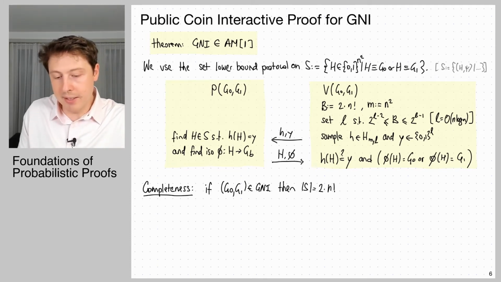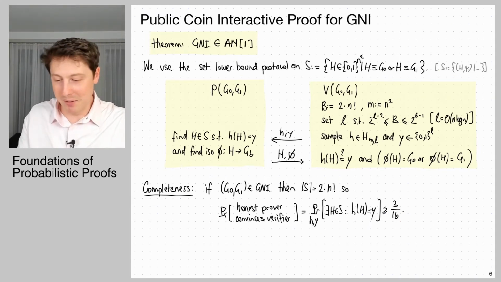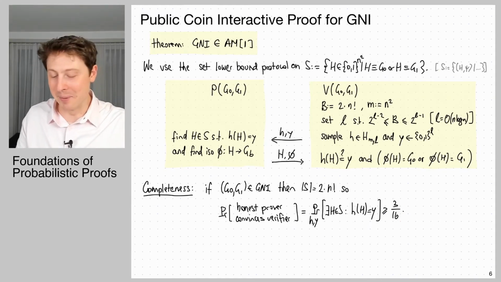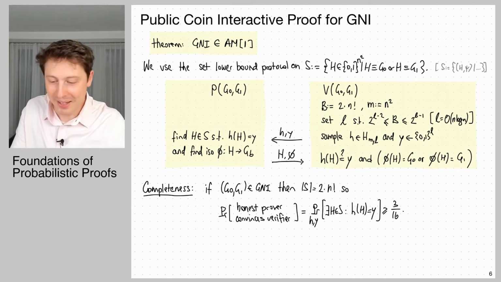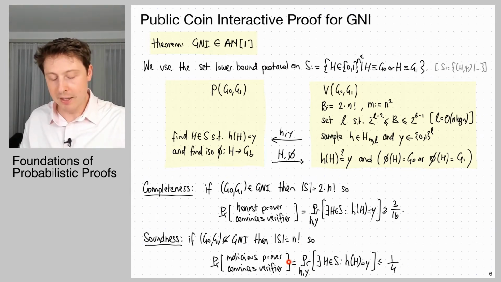And we've already done the analysis. If the graphs are not isomorphic, then this set is large, and we know that the accepting probability for the honest prover is at least something greater than 1/4, ideally. And in the soundness case, because S has size n factorial, the probability that anybody can make the verifier accept is at most something bounded away from it.